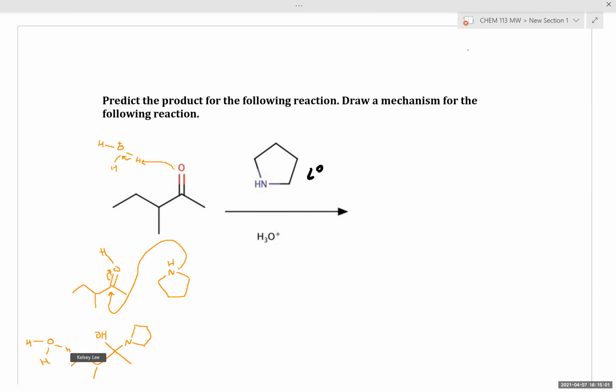I'm just asking the chat as well, just for having a class dialogue while a student is annotating. Protonation, exactly right.